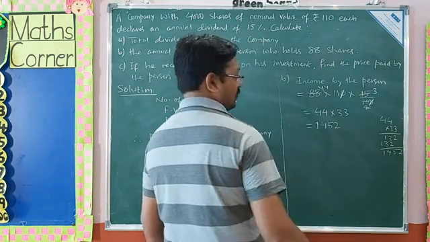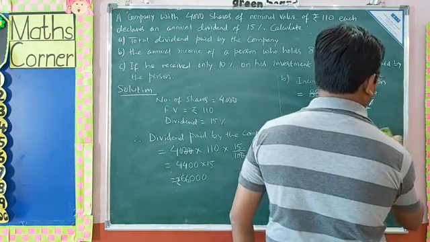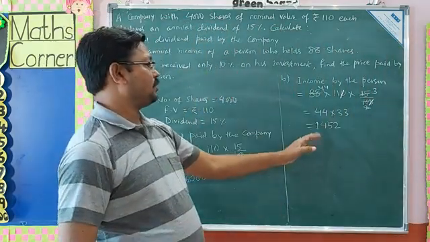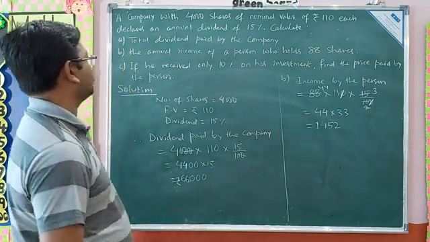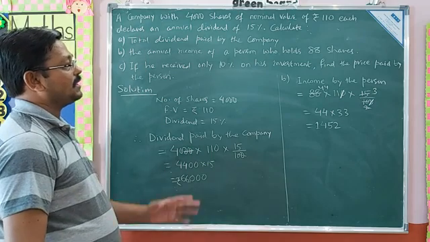This is the income by the person, that is rupees 1452.